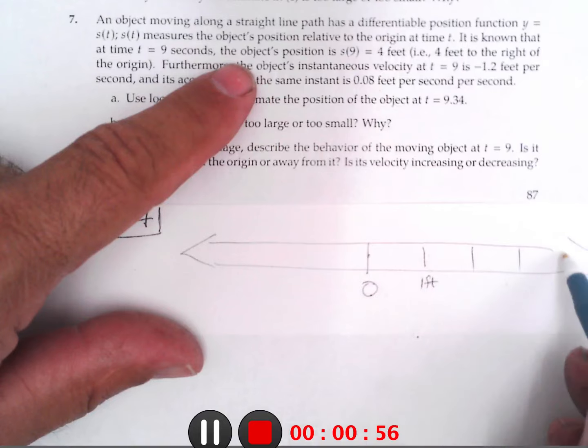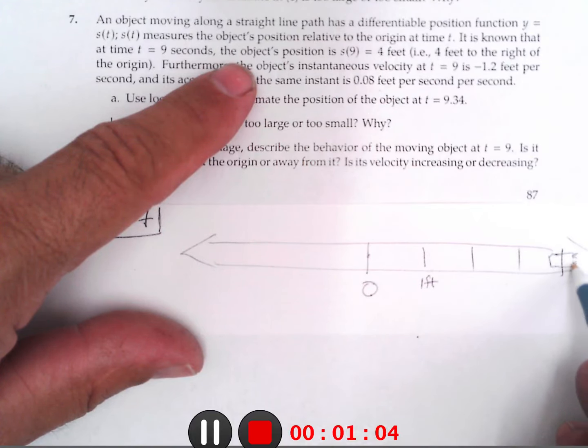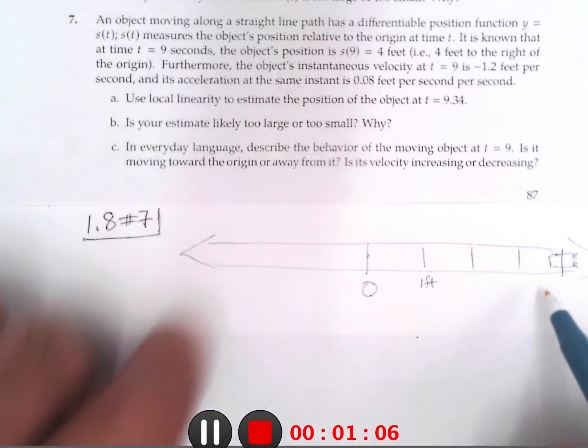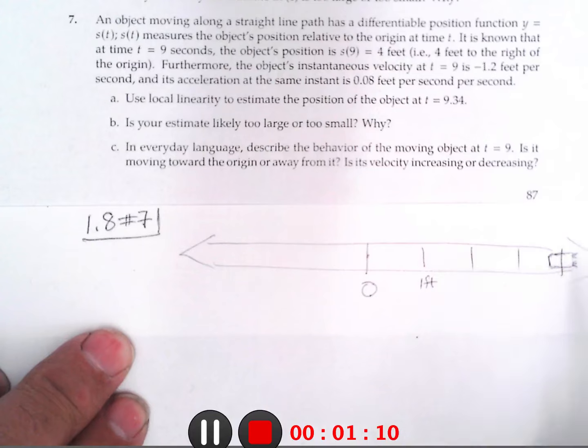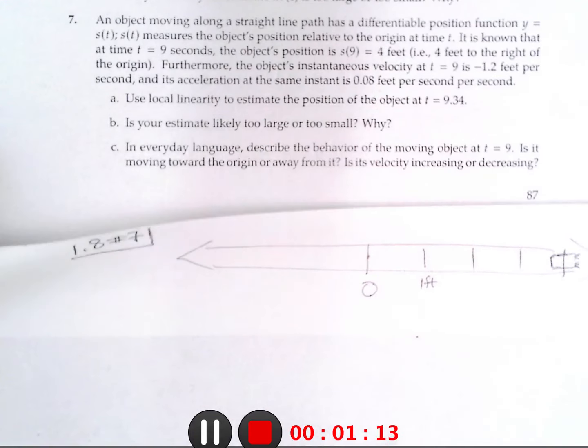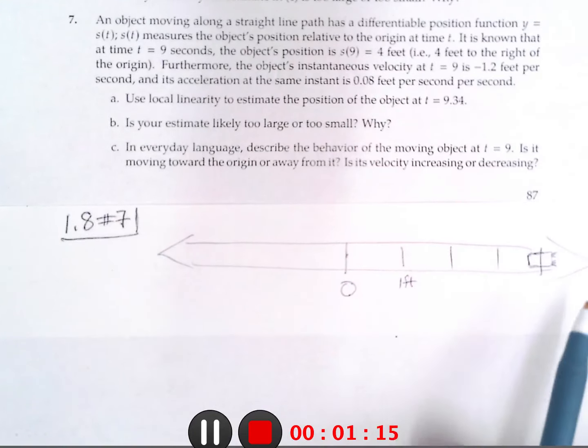So my little car is sitting here, and this is the positive direction. So we make the headlights pointing out that way, and it looks like it would be headed that direction because that's the positive direction.